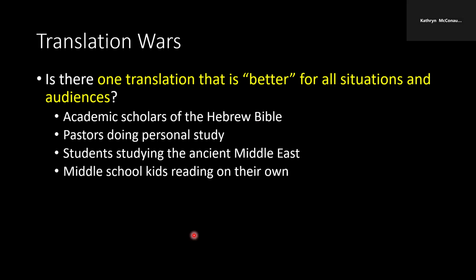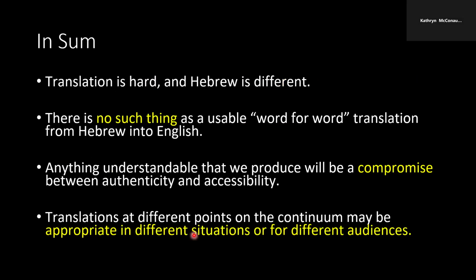This is an important thing to remember. So, translations at different points on this continuum may be appropriate in different situations for different audiences. These different translations have made different choices from authenticity to accessibility.